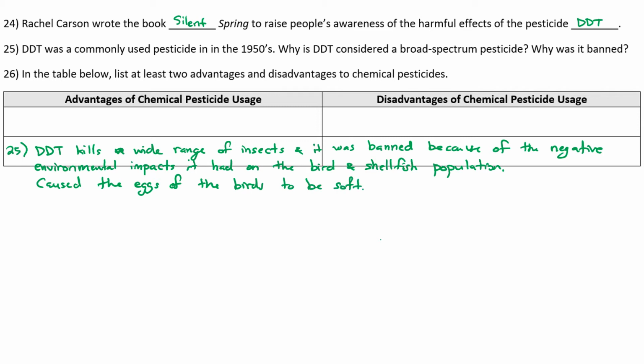Number 26, in the table below, lists at least 2 advantages and disadvantages to chemical pesticides. So, advantages would be that it results in higher crop yields, and then increased profit for farmers.